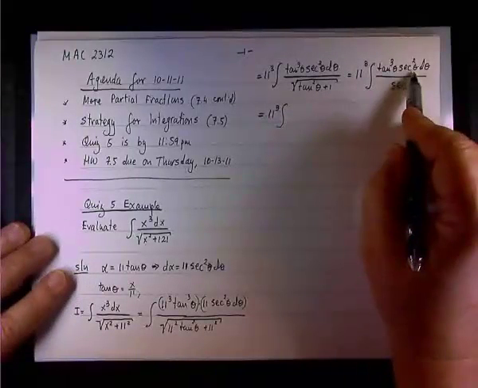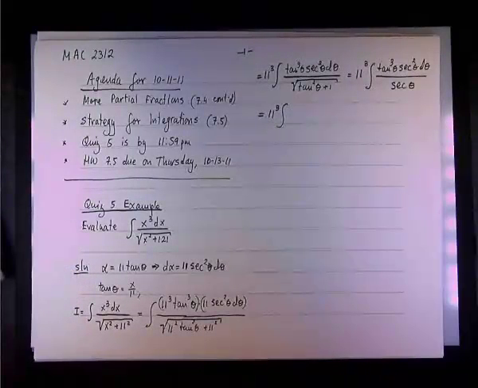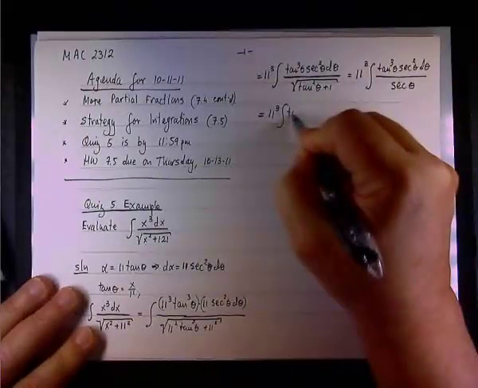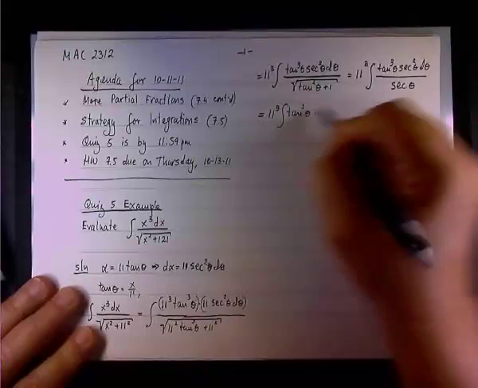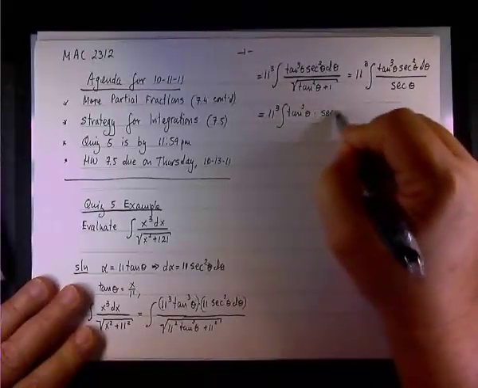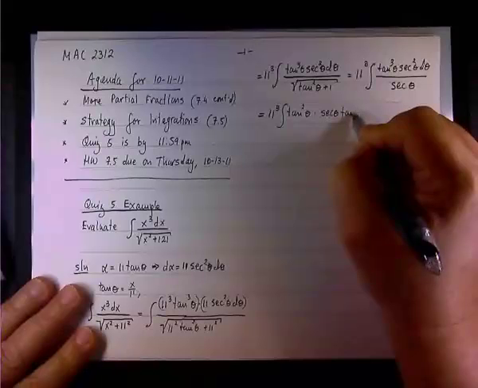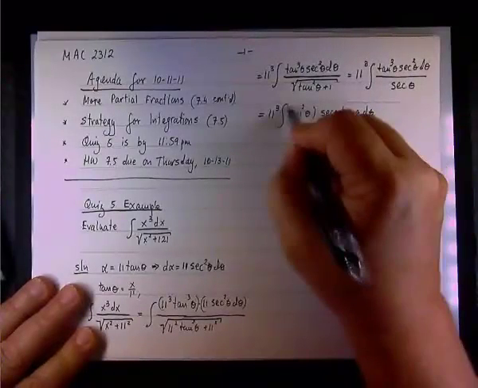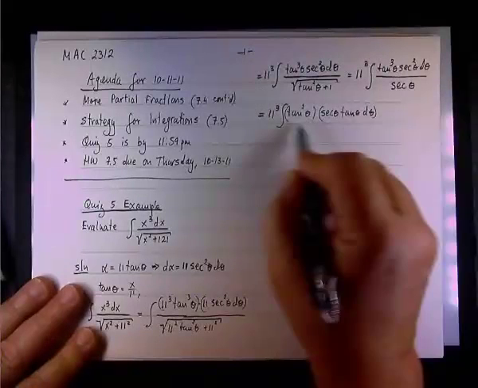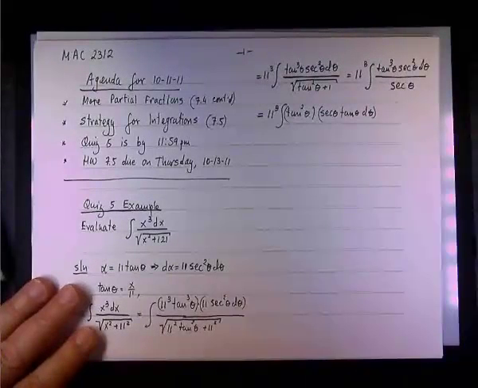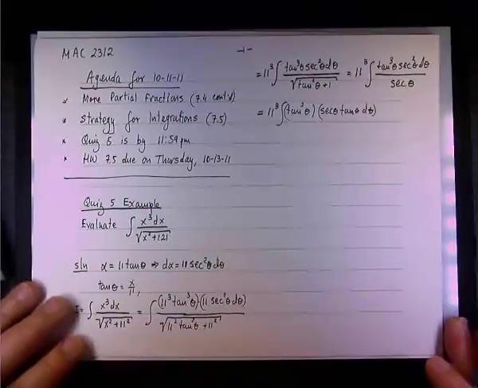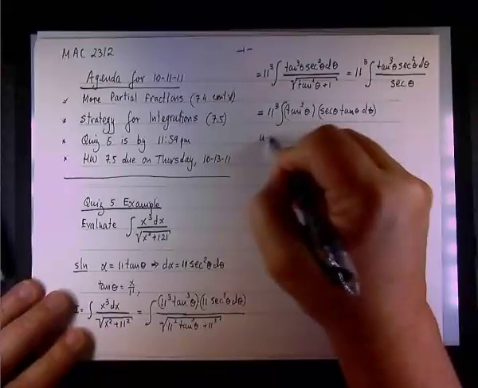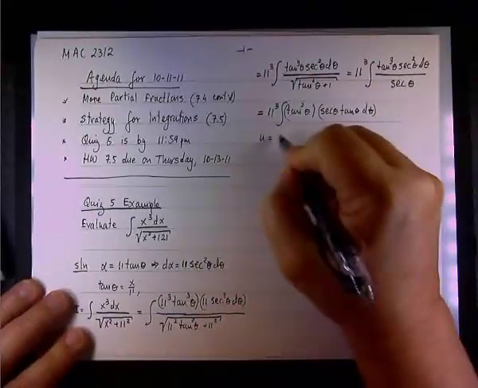At this point we have 11 cubed, and I have tangent cubed times secant. I love the tangent secant combination, so I'll have the tangent squared, and then the secant times tangent d theta, so I split it like so, and that's it. I have no denominator here.